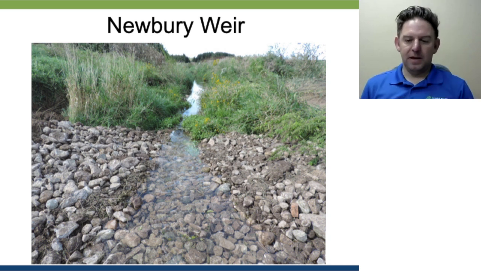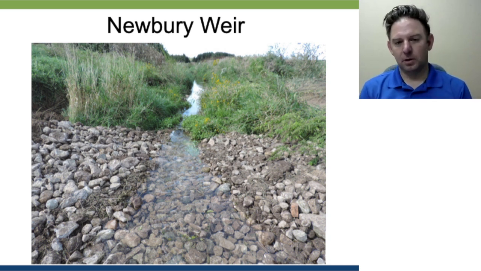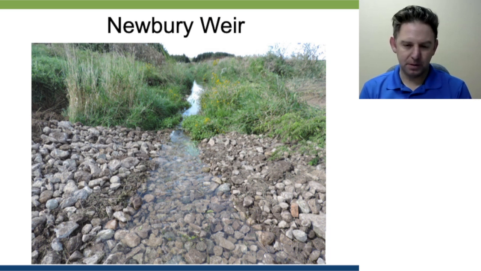Some of the features in that natural channel design are Newbury Weirs. This is not the Steenstra drain. This is a different example, but an idea of a Newbury Weir is really a rock riffle, or some might think of it as a set of rapids, but there are multiple purposes to a Newbury Weir. All Newbury Weirs are designed the same, not in dimensions, but in slopes, and for different purposes.